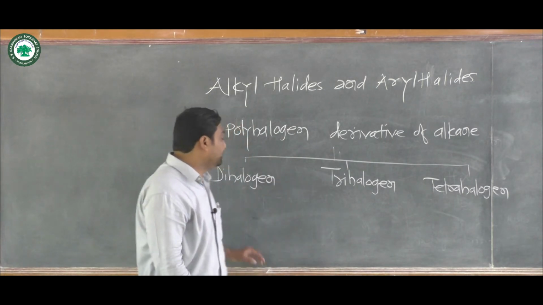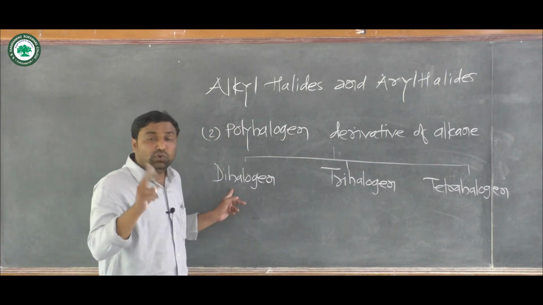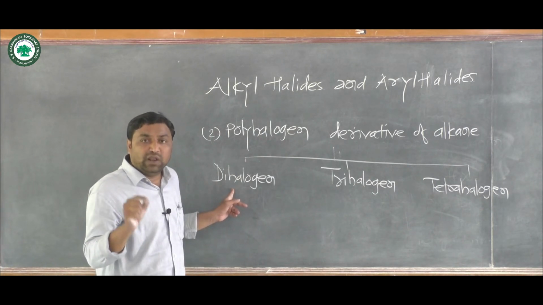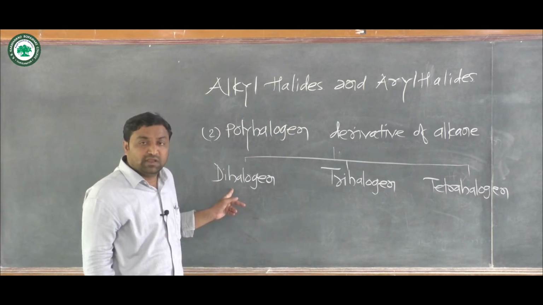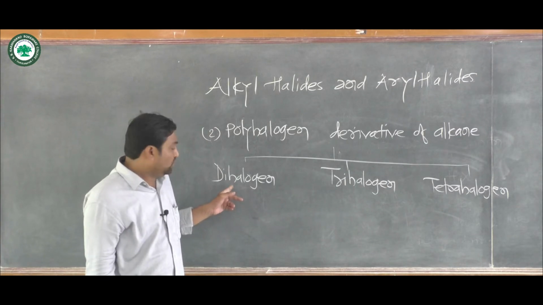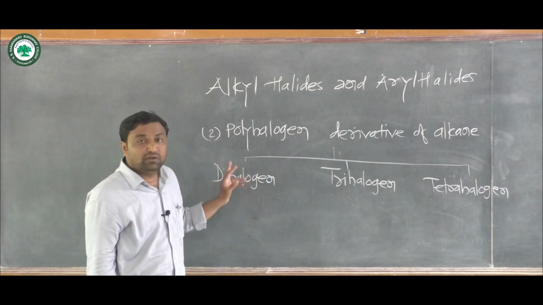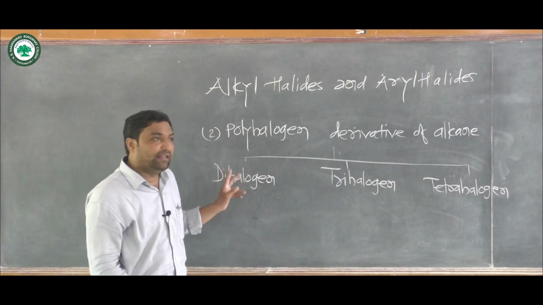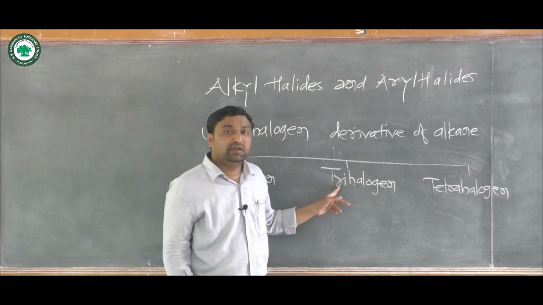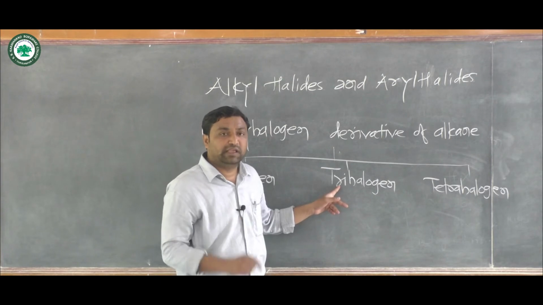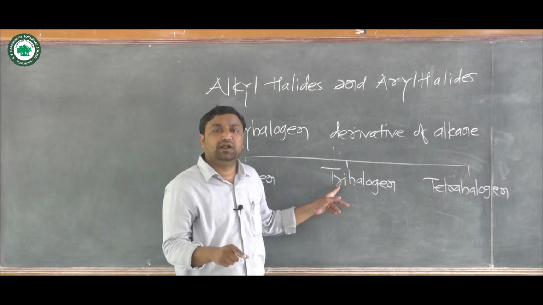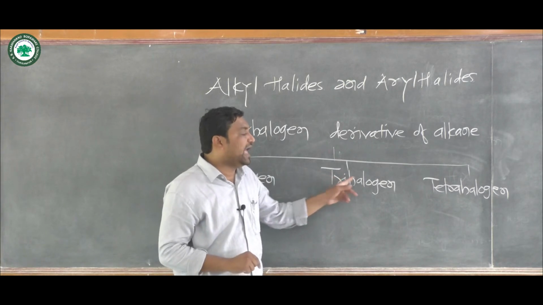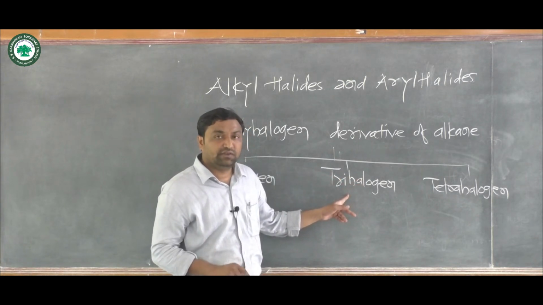If we replace two hydrogen atoms of alkane by two halogen atoms, it results in dihalogen derivatives of alkanes. Whereas if we replace 3 hydrogen atoms of alkane by the same or different halogen atoms, then we obtain trihalogen derivatives of alkanes.